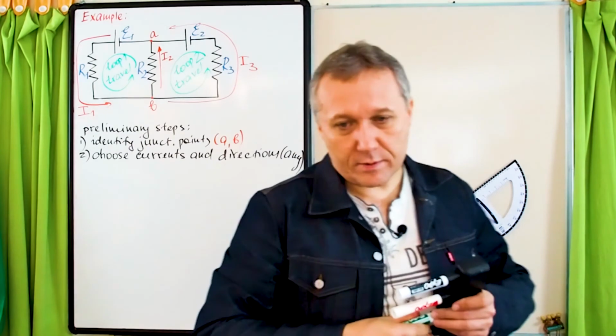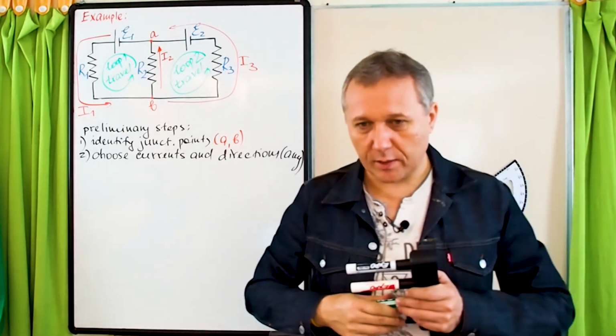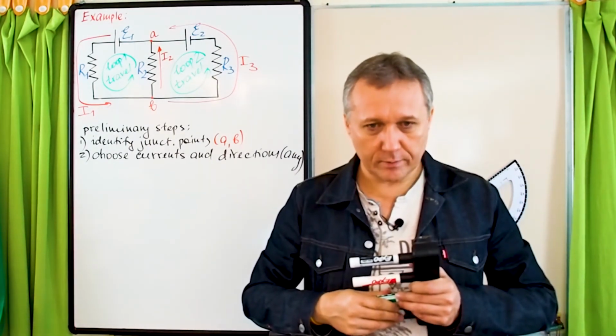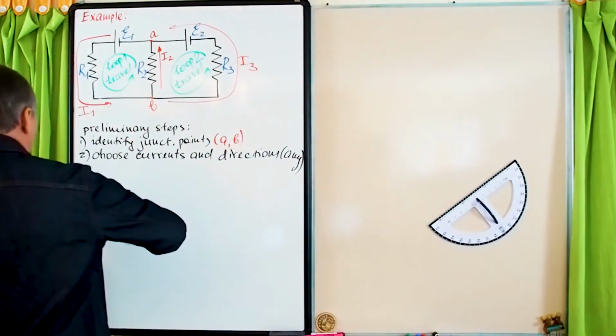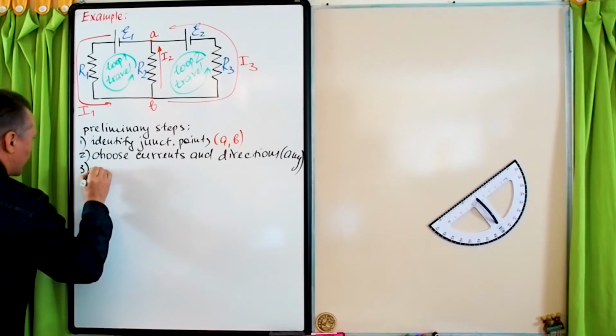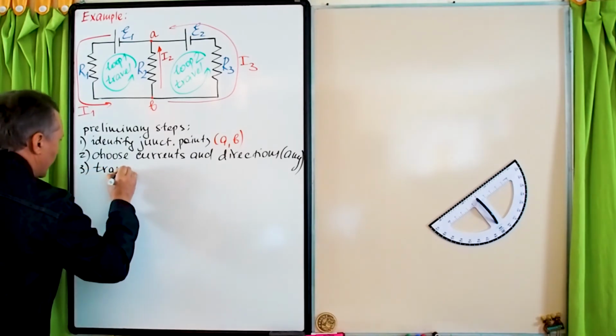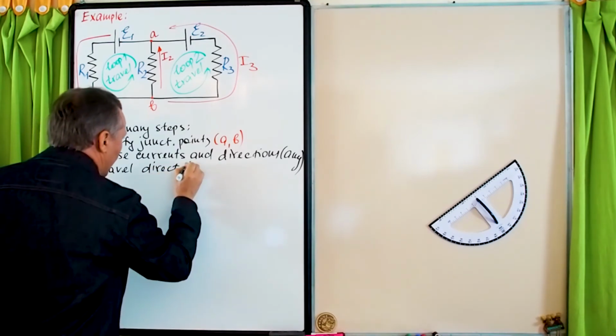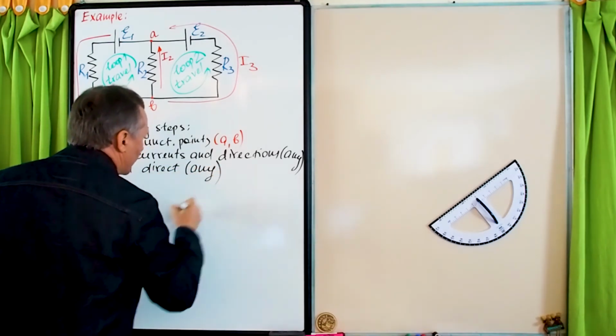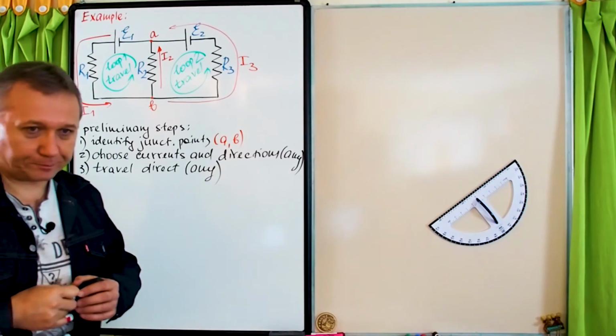Okay, and after this, we are ready to start writing equations. First, you need to, yeah, I didn't write the third. So, travel directions. Travel directions. Again, any. Clockwise, counterclockwise, it doesn't matter.